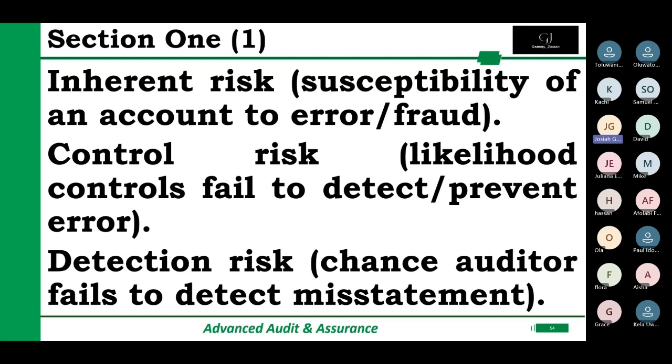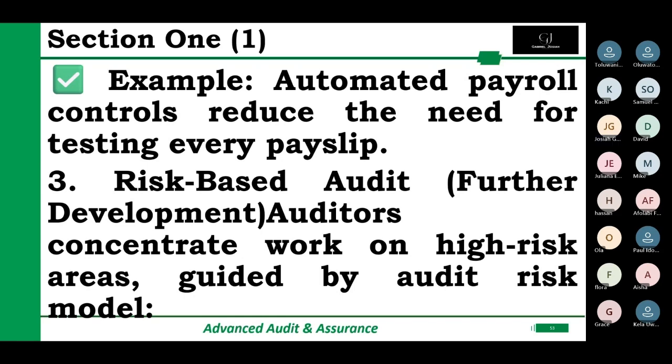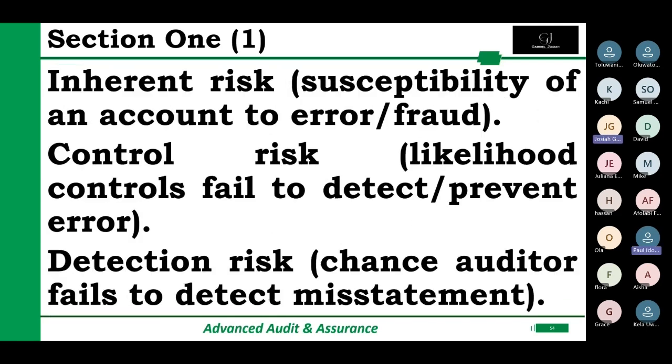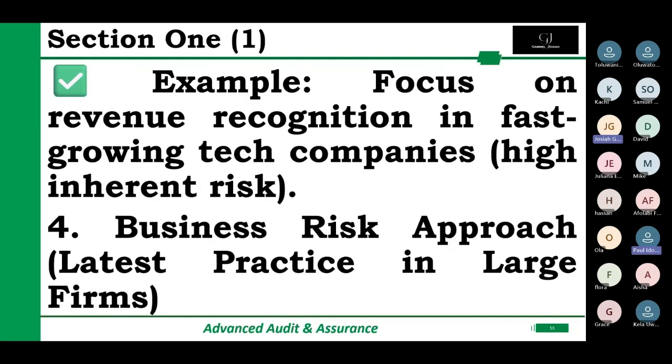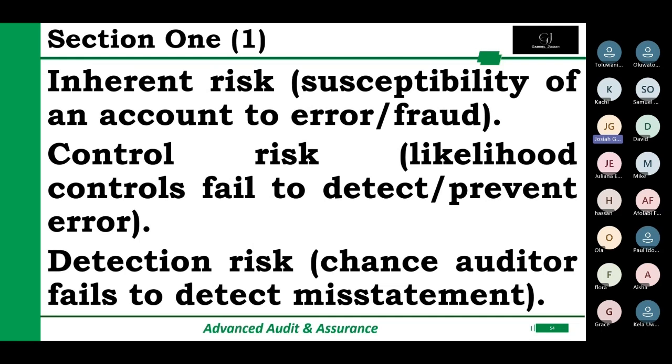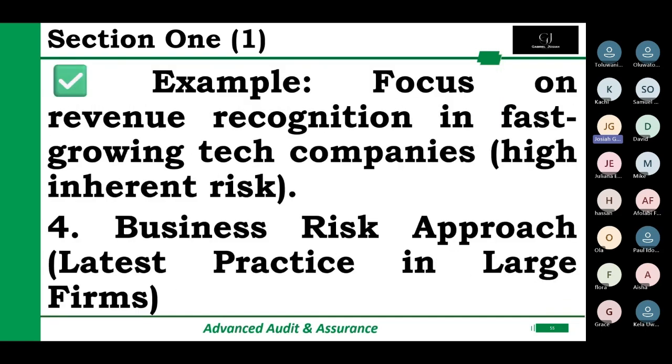And the detection risk, which I said was the residual risk, is the chance the auditor fails to detect material misstatements. So the audit risk is addressed by the risk-based audit approach. The three audit risks, for example, focusing on revenue recognition in a fast-growing tech company, which is a high inherent risk, the audit risk model could be employed, and the risk-based approach will help address this concern.